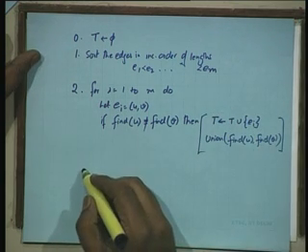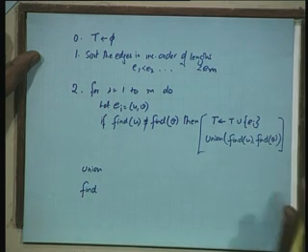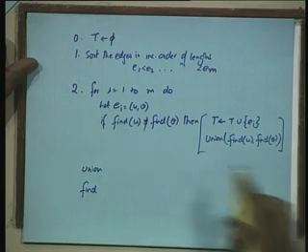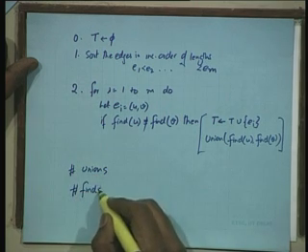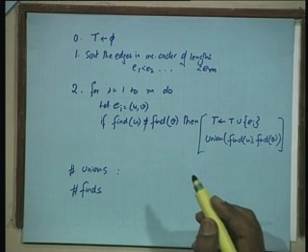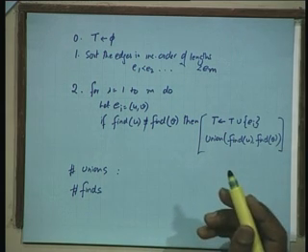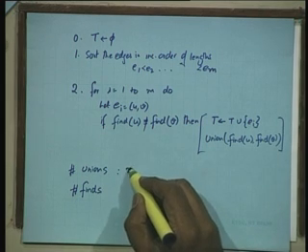How many times do we do the union operation and how many times do we do the find operation? Number of unions, right, because every time I do a union I include an edge into my tree. How many edges can there be in my tree? Exactly n minus 1.